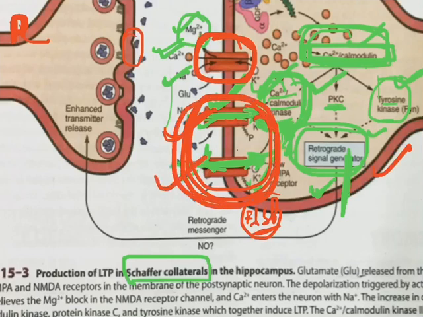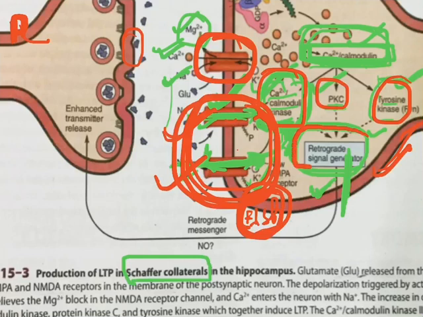So there is more generation of the excitatory postsynaptic potential and more generation of the action potential in this postsynaptic neuron. Now, the most important feature is that these calcium calmodulin kinase, protein kinase C and tyrosine kinase bring about changes in the synthesis machinery, and this synthesizes a certain signal. We are not certain, but scientists believe that signal happens to be nitric oxide.